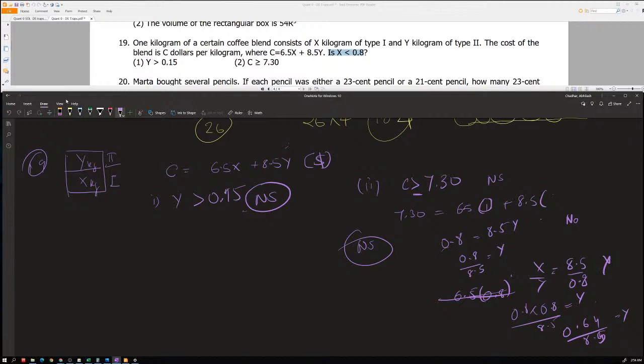Now we have one yes answer and one no answer. We get this not sufficient. Now we have one restriction on y, which says that it is greater than 0.15. So we get y is equal to 0.64, that means 64 by 850 basically.